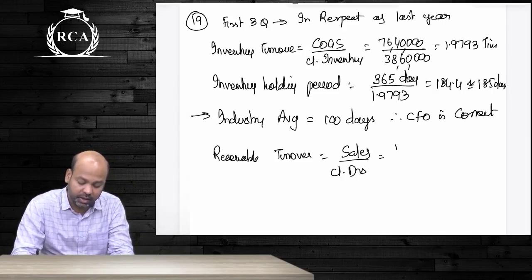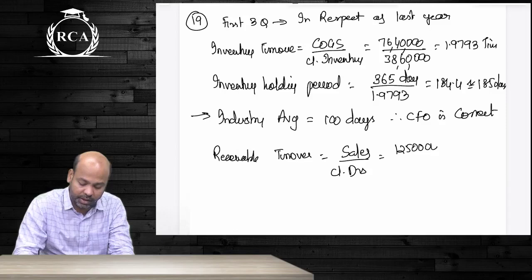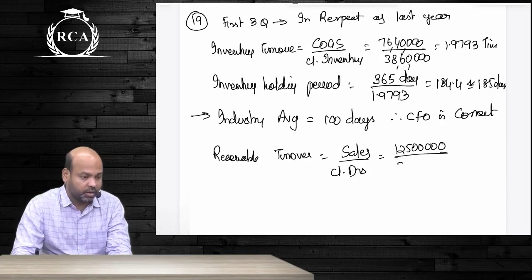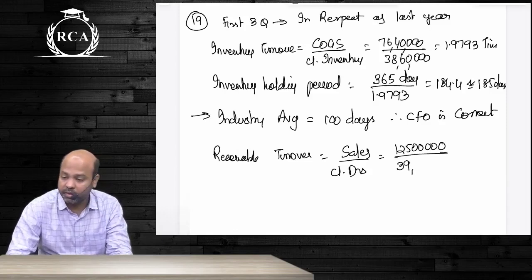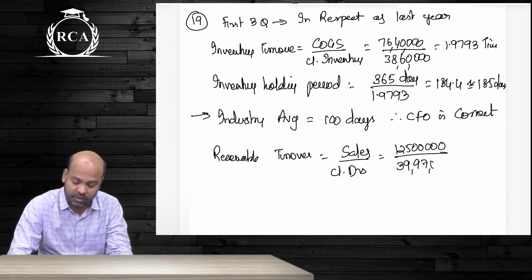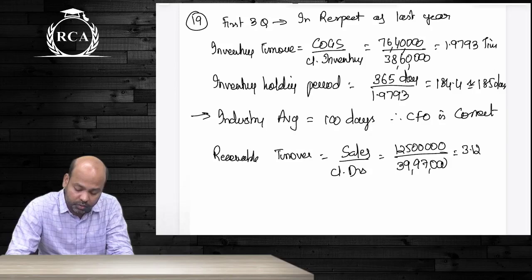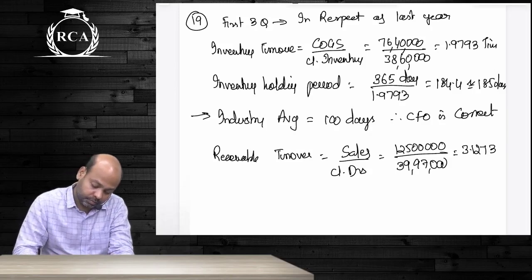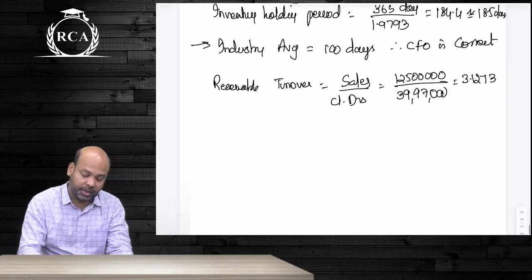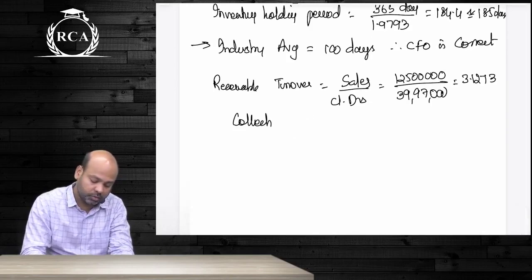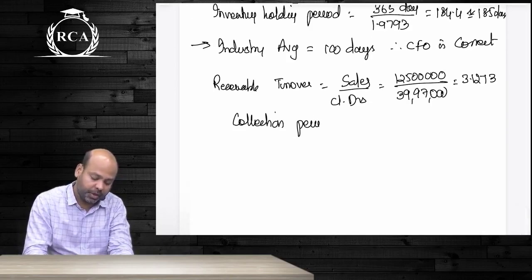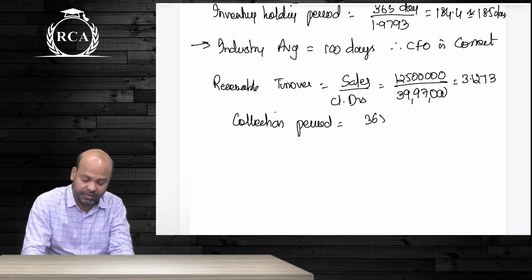Sales was 125 lakhs. Debtors were 39 lakhs 97,000. The ratio is 3.1273 times. Collection period will be equal to 365 days divided by 3.1273 times.